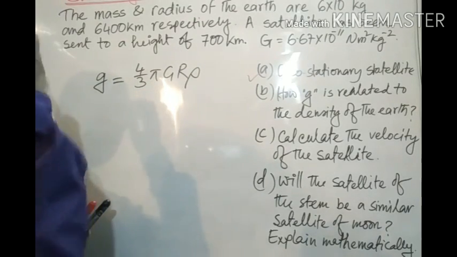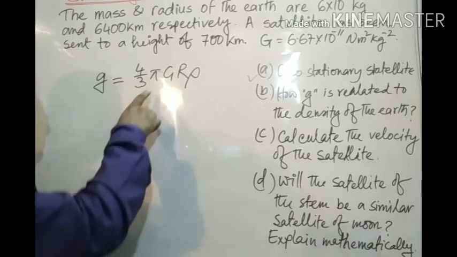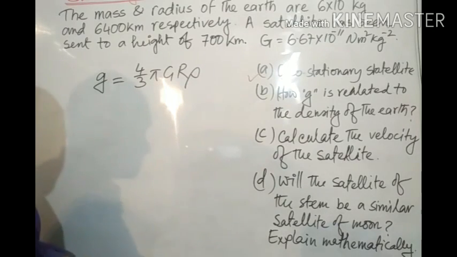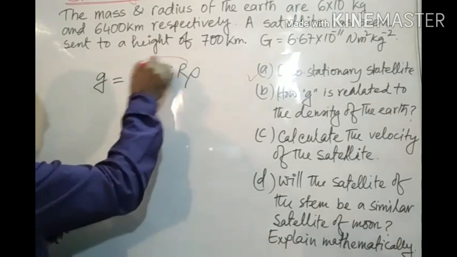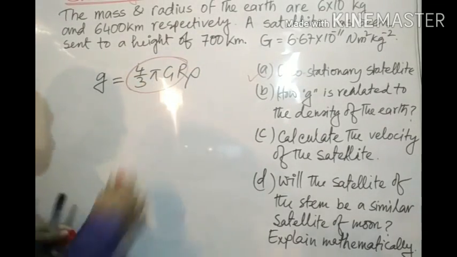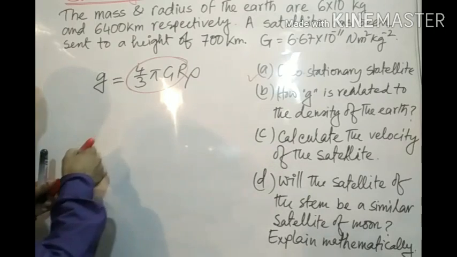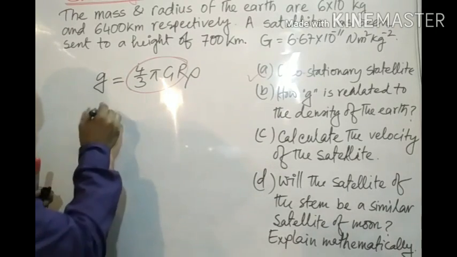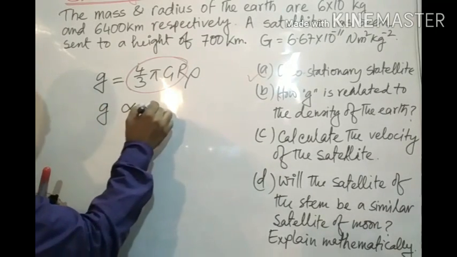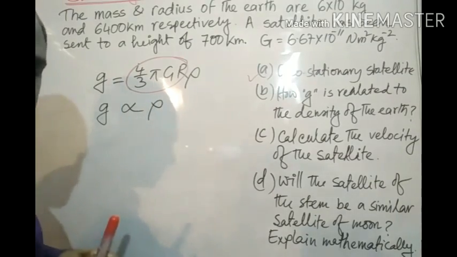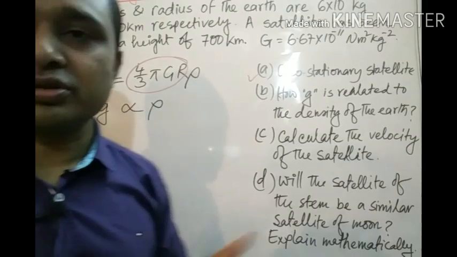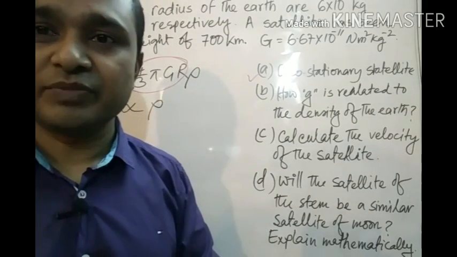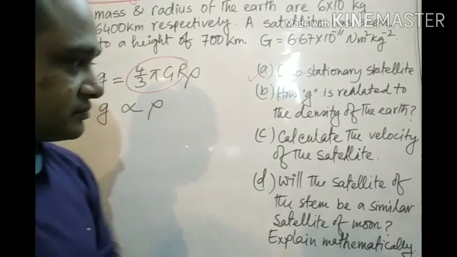From this expression, we can say that if G and R are considered constant quantities, then this portion of the expression becomes constant. So we can say that g is directly proportional to ρ. That is, g is directly proportional to the density of the Earth, right?